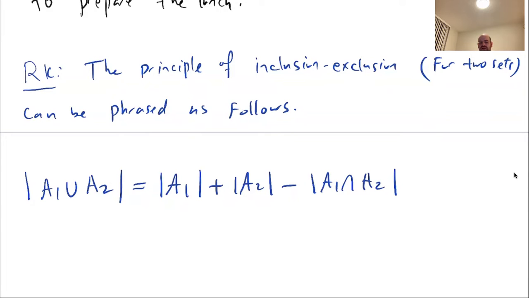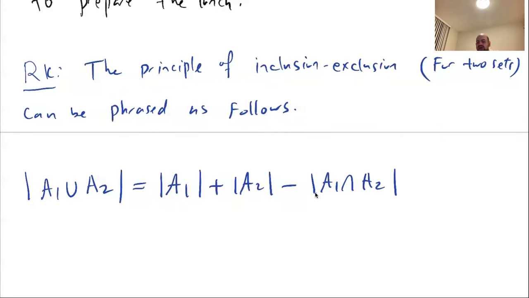But when we look at the right-hand side, if you include only the first two terms, then the common elements will be counted twice. One time as an element of A1, one time as an element of A2. But we don't want to count twice. We want to count only once.